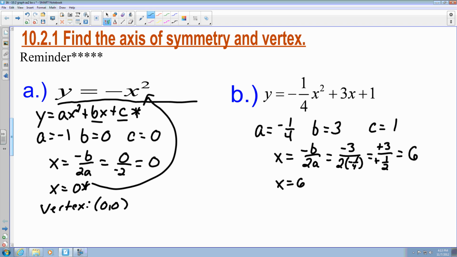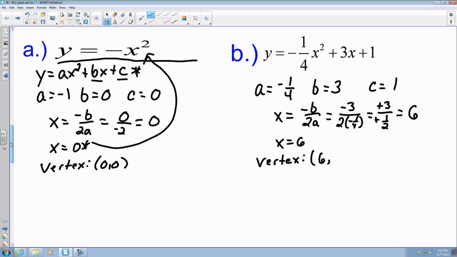To find my vertex, I know what my x-coordinate will be, 6. Then all I have to do now is substitute in my 6 for my x and solve for y. So I get y equals negative 1/4 times 6 squared plus 3 times 6 plus 1.